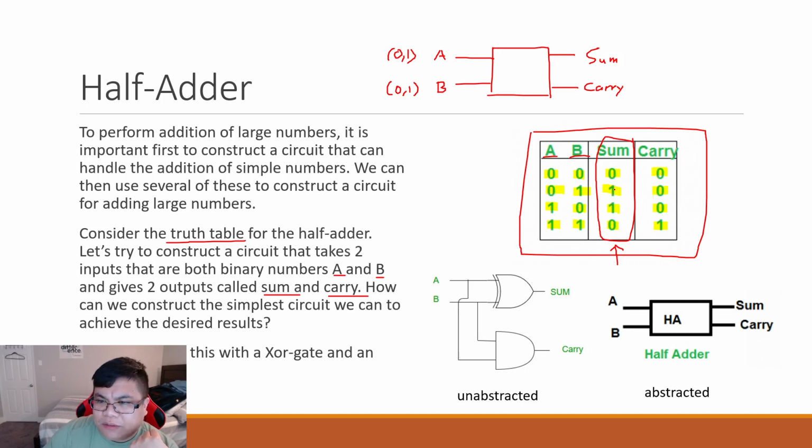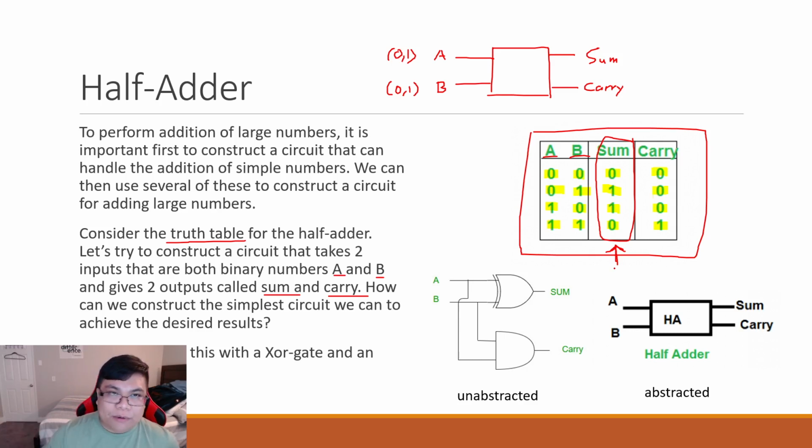We want it to be equal to 1 if A or B was 1, but not both of them. If A and B were both 1, we would want the sum to be 0. So this looks to me like this sum output would take the exclusive OR of A and B, right?